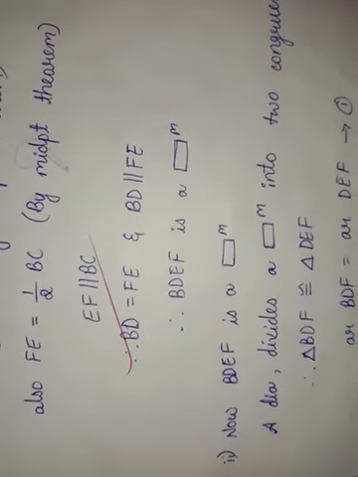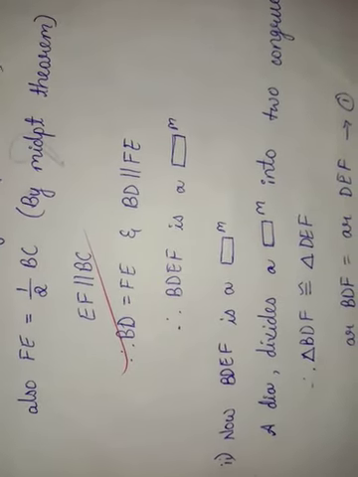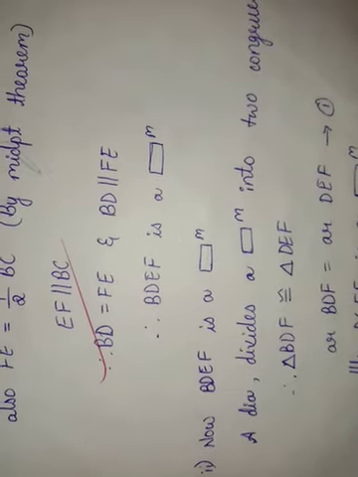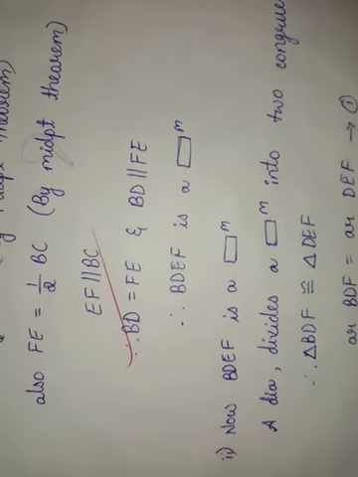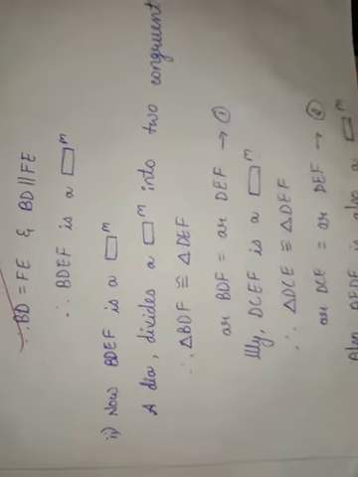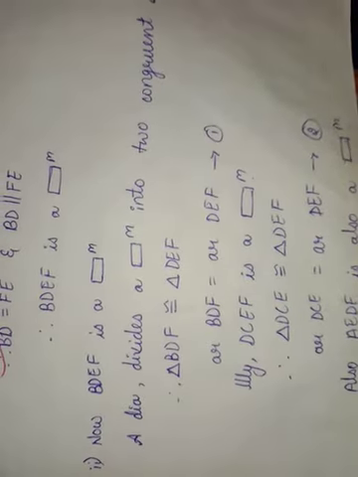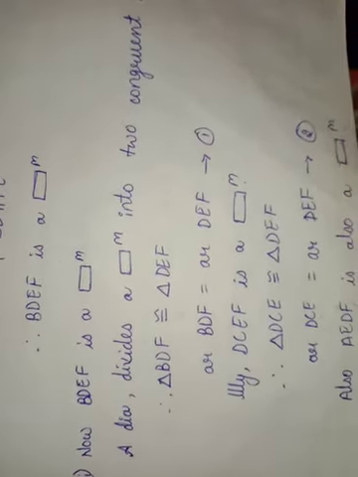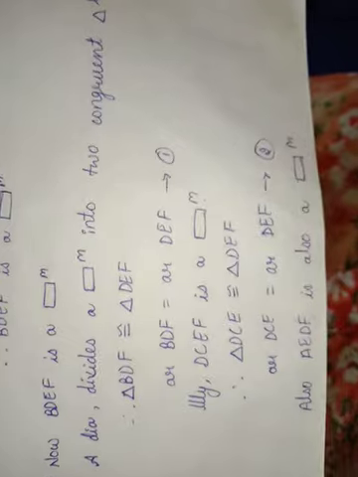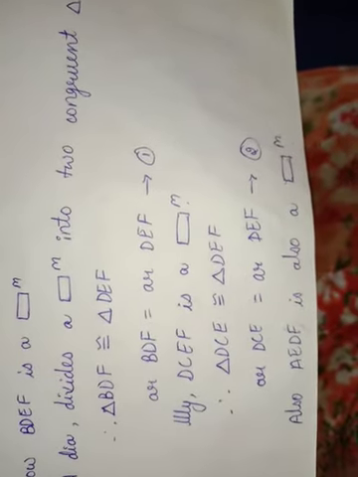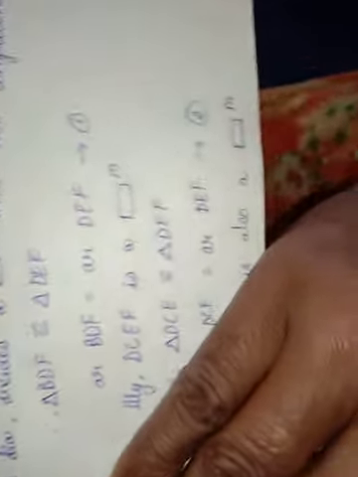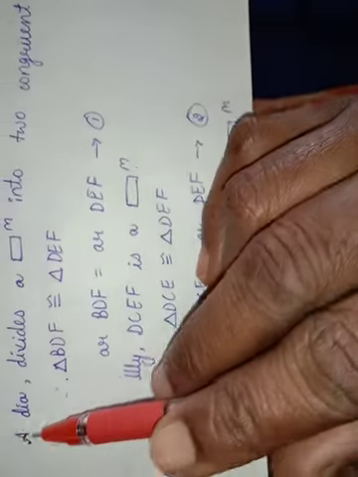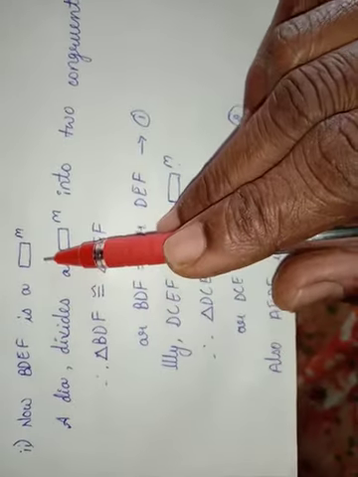Also, EF is equal to 1 by 2 times BC, and EF is parallel to BC by midpoint theorem. Therefore, BD is equal to EF and BD is parallel to FE. Therefore, BDEF is a parallelogram. Hence proved the first one.